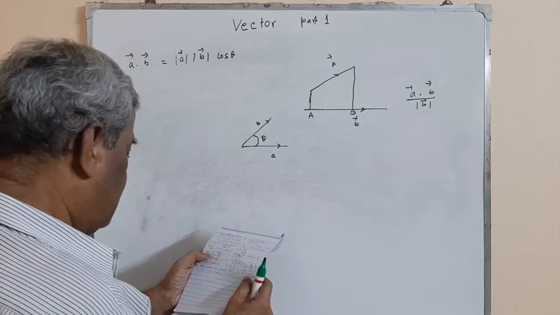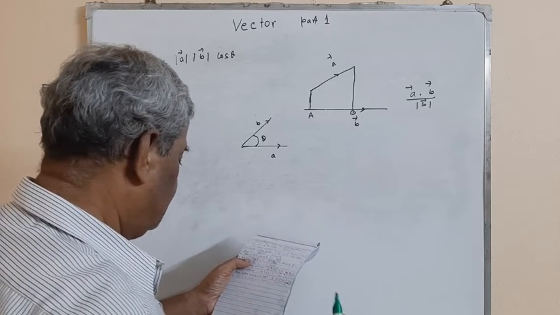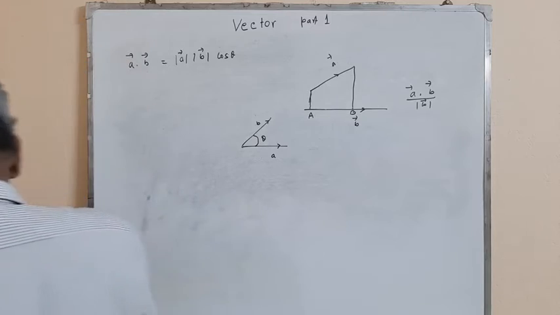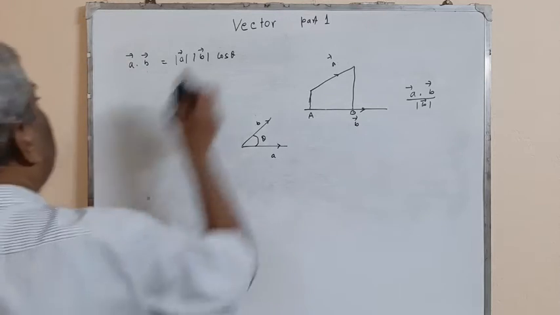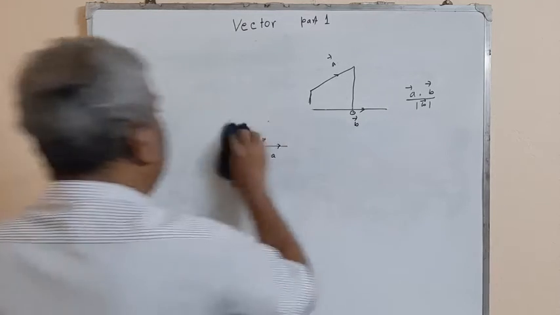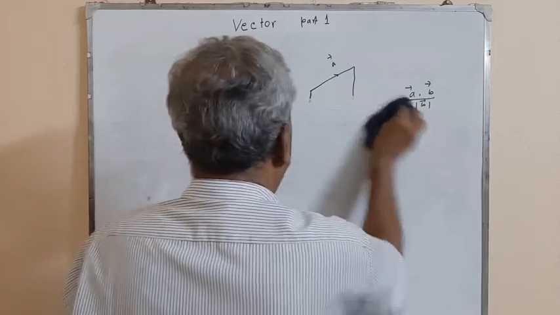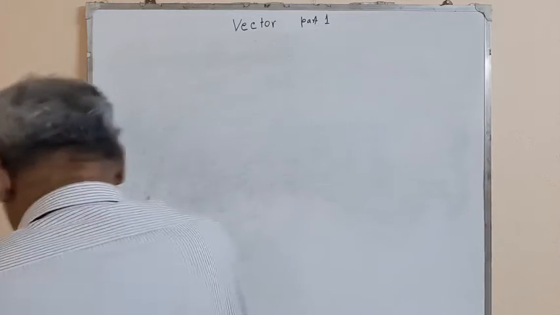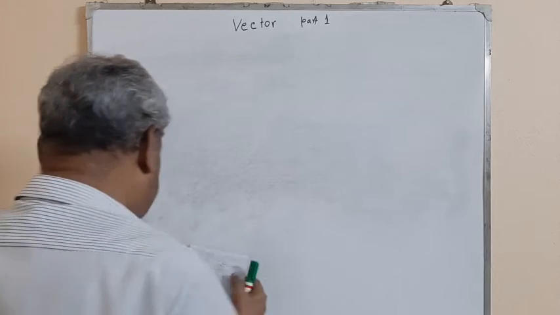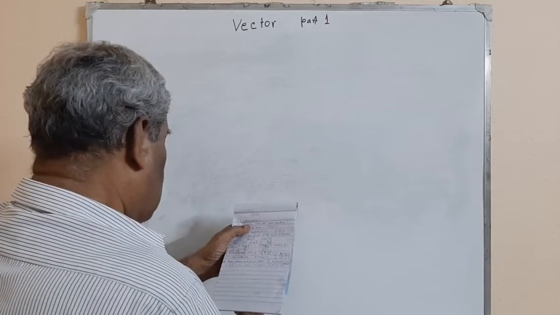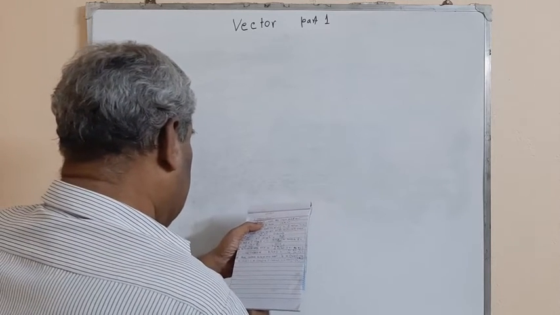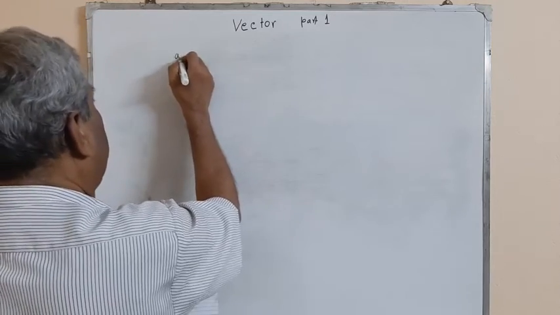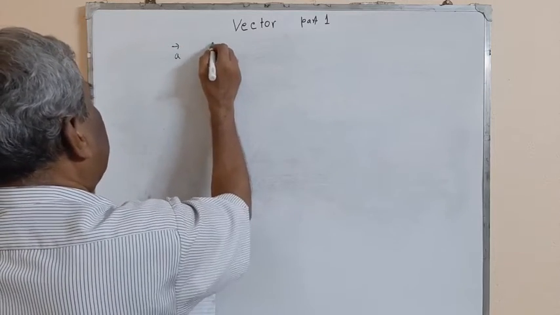Next, A is a vector and B is another vector.